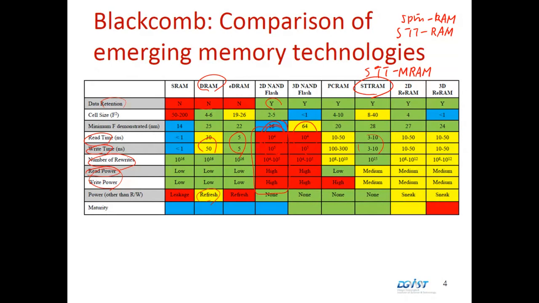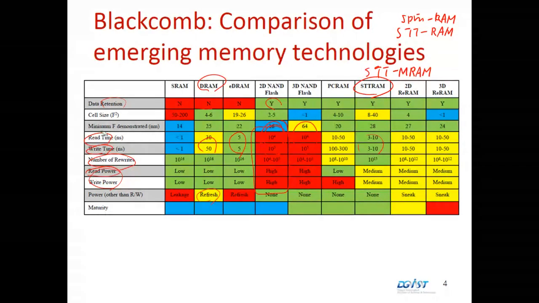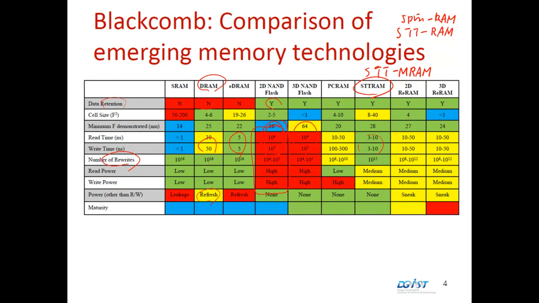And another problem of flash memory is the number of rewrites. They cannot rewrite forever. For example, in other memory the rewritability is 10 to the 15 or so, but in flash memory, it's only 10,000 or 100,000 times. After this many rewrites, there are possible errors.